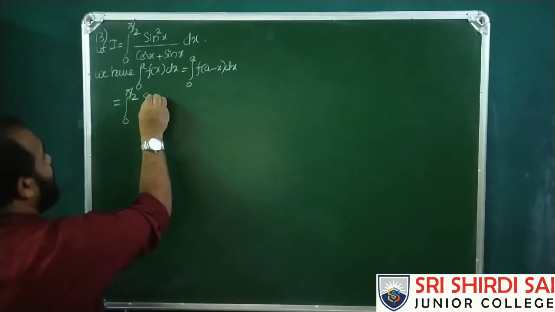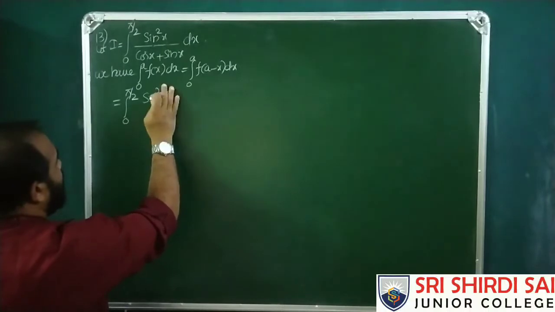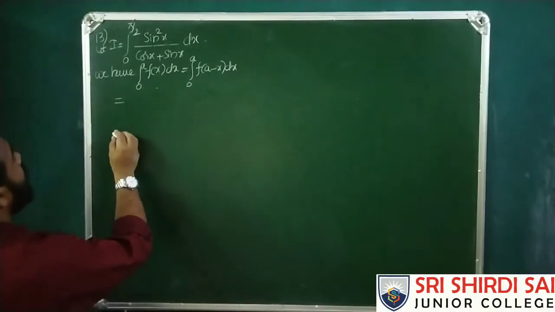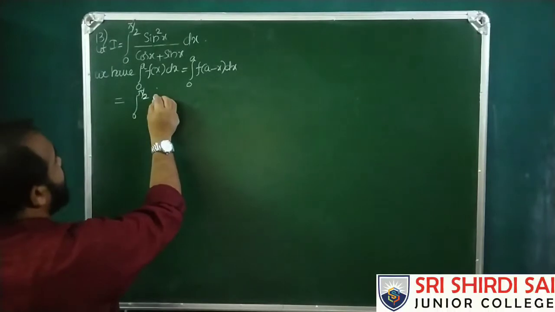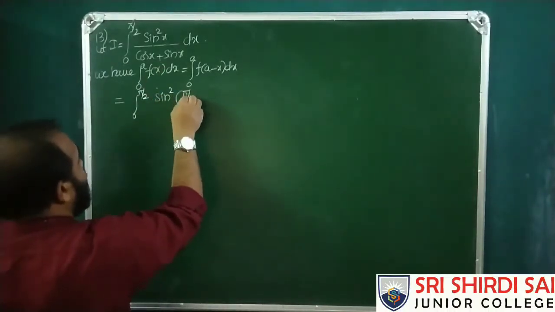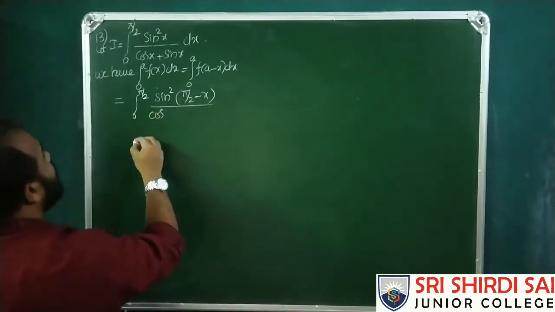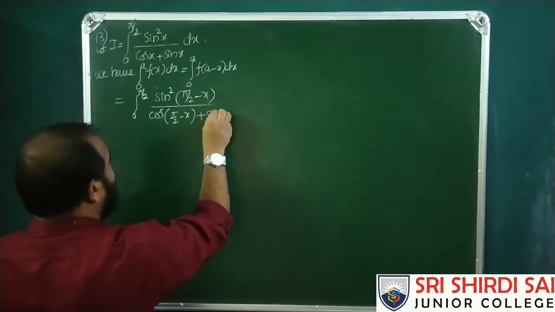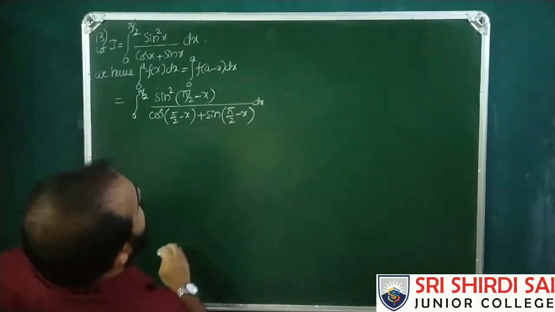So I is equal to integral 0 to pi by 2 of sin square x by cos x plus sin x dx becomes sin square of pi by 2 minus x by cos of pi by 2 minus x plus sin of pi by 2 minus x dx.